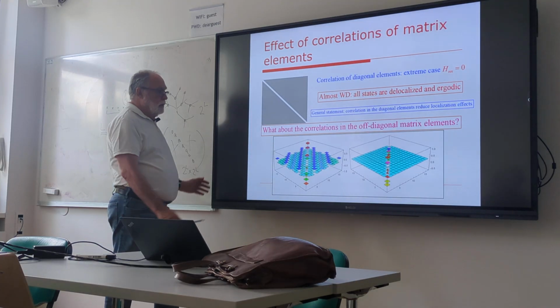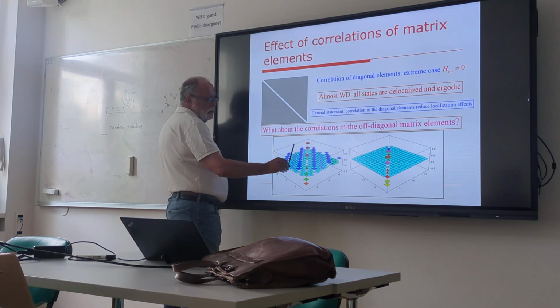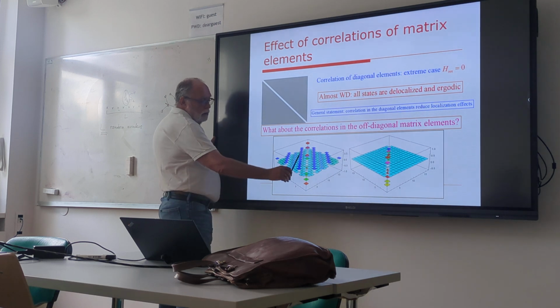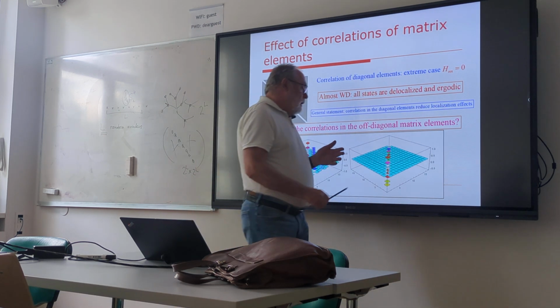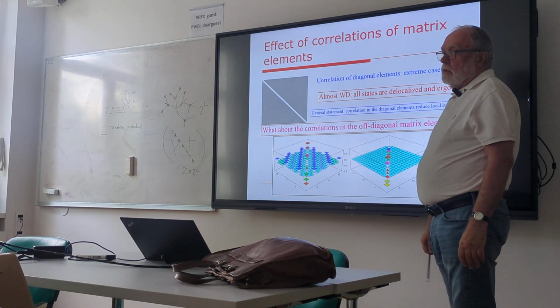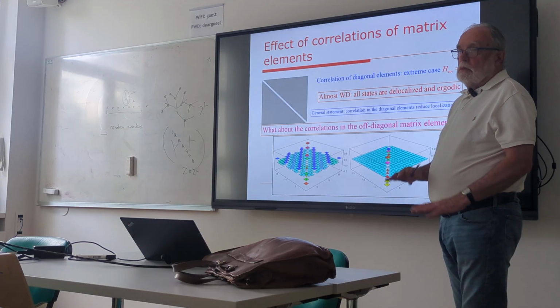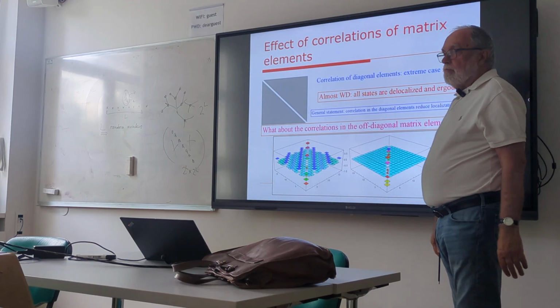So I can do such step towards correlation, making the off-diagonal elements correlated along the diagonal, but uncorrelated when I go from one diagonal to the other. Or I can do the next step and I say that all the off-diagonal matrix elements are just not fluctuating, so they are totally correlated.